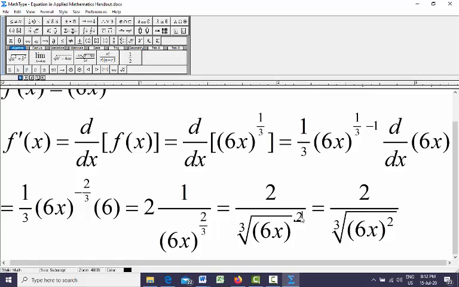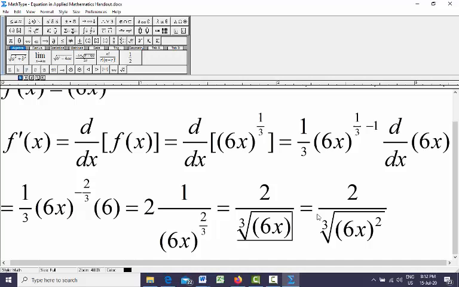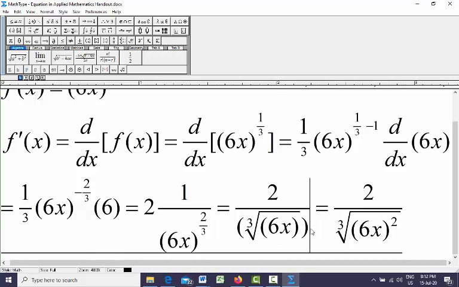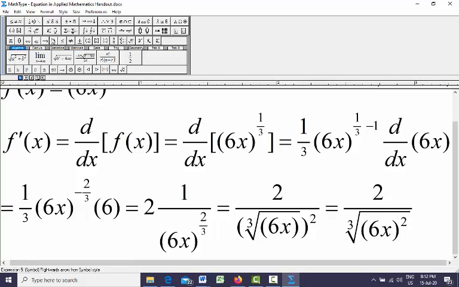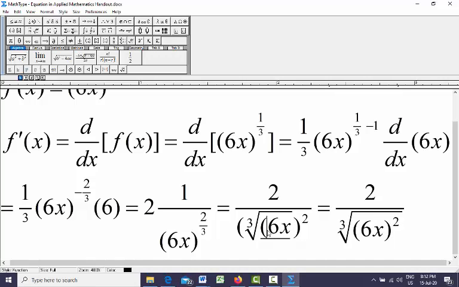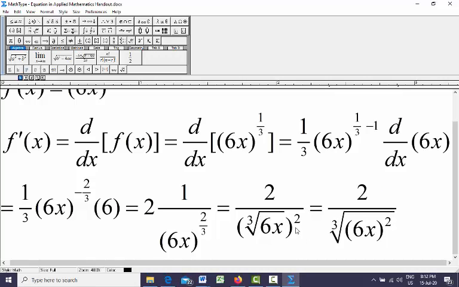So here, square. So that means inside you have a cubic root of 6x.